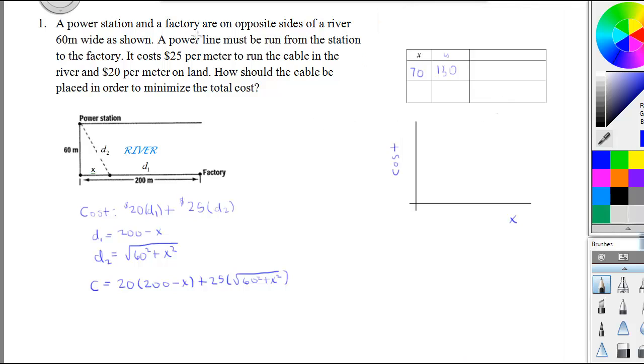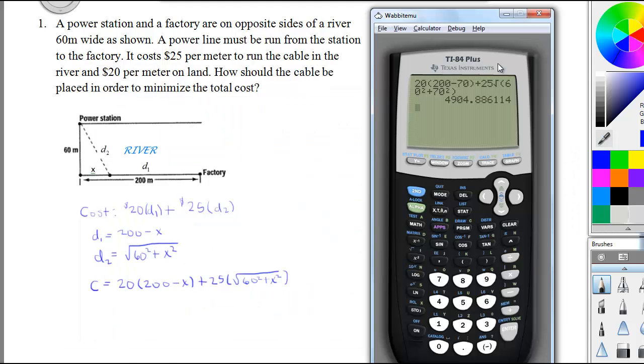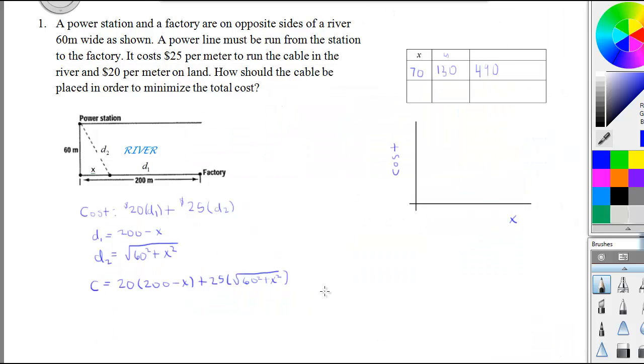That's good information. So now we know that the cost of laying that cable is $4,905-ish if you round up.